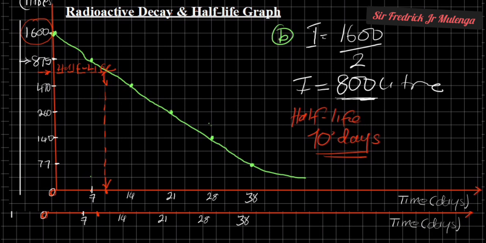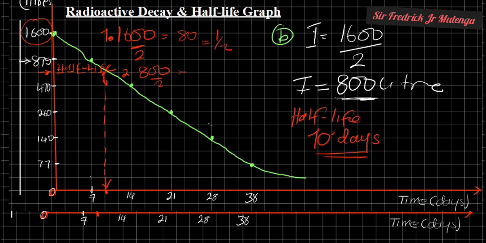So 1,600 gave us 800 on the first point. Here is the fraction of 1/2. Again 800 on the second decay, half of that, divided by 2, gives us 400.